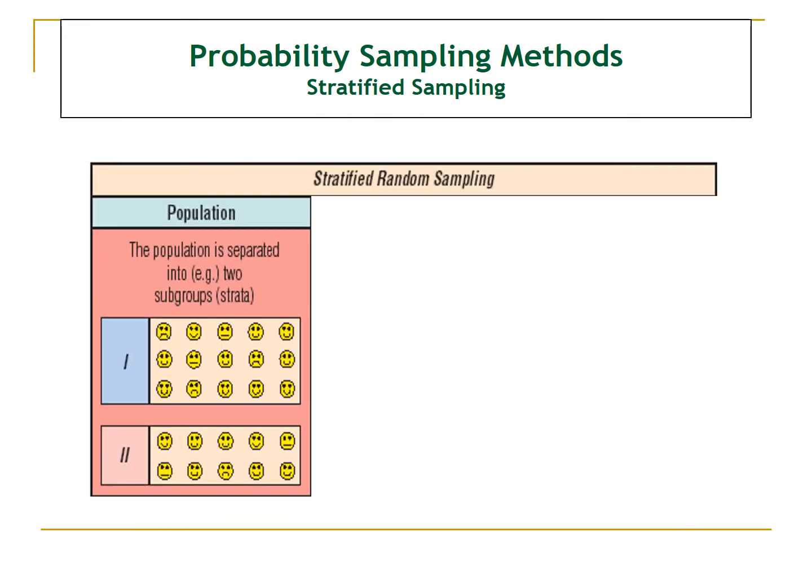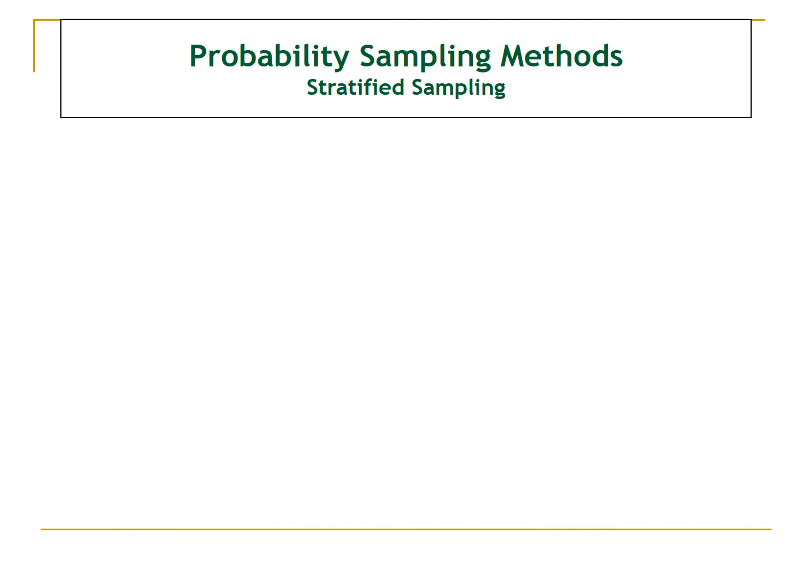Say for example, we have this population. The population is divided into two groups, or two subgroups or strata. Group 1 has more population than Group 2. It is expected that we have greater sample size in Group 1 than Group 2, so that all strata are well represented.